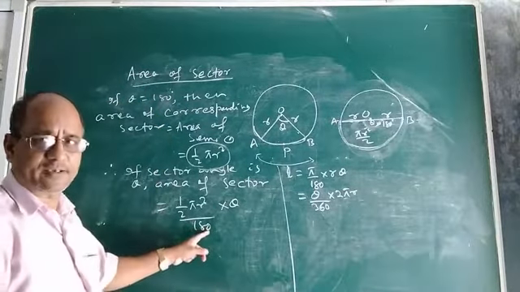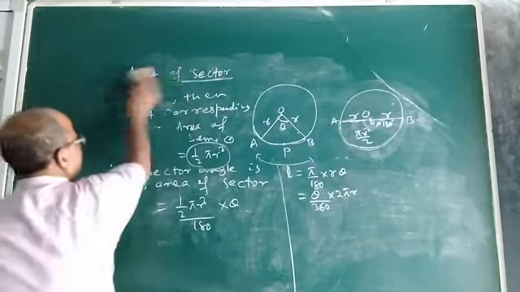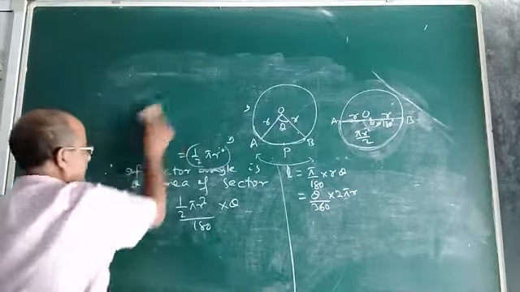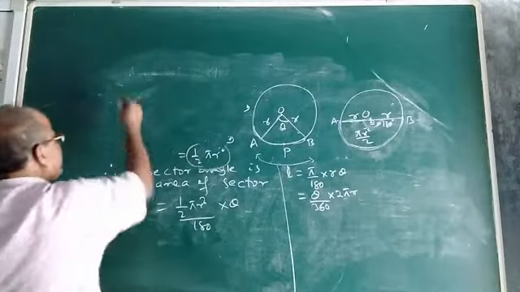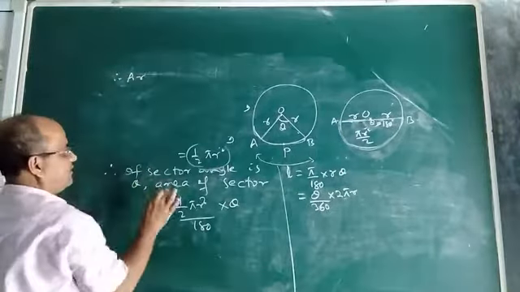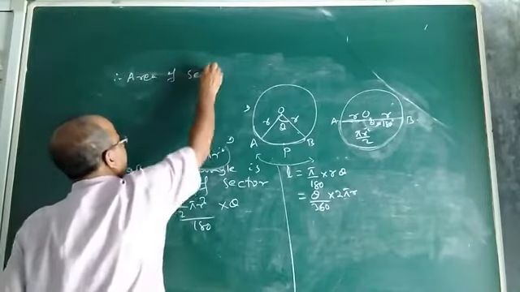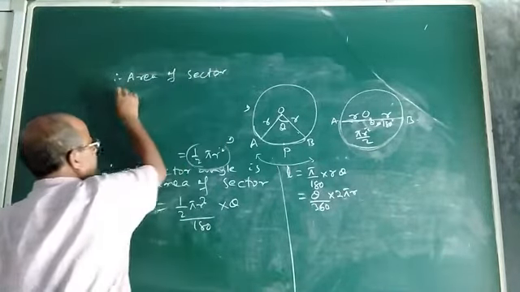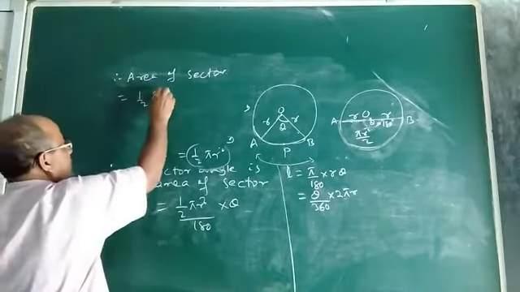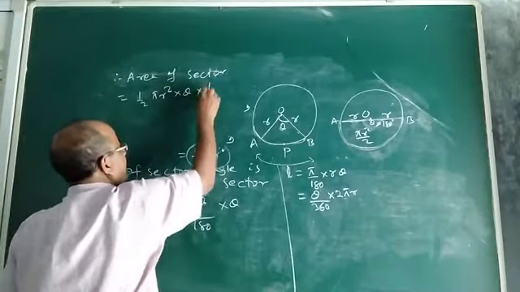Now let us simplify this expression to get the area of the sector. On simplification, we got half pi r square into theta by 180, which means it is 1 by 180.